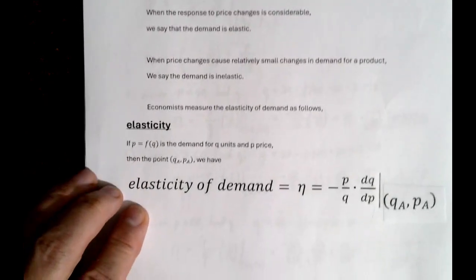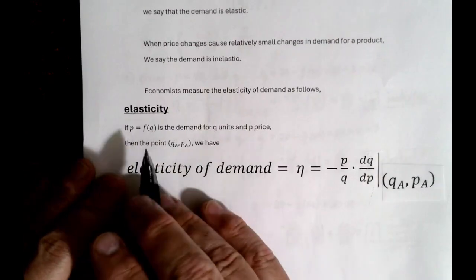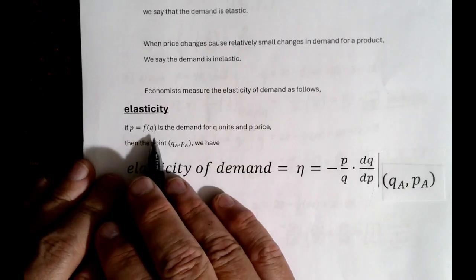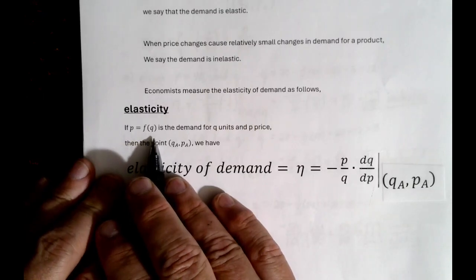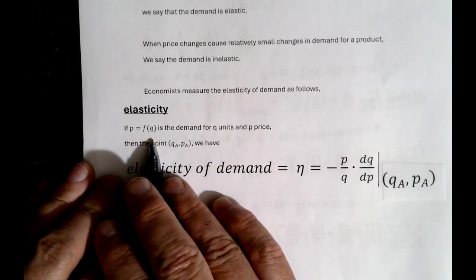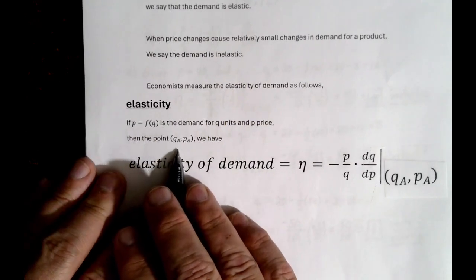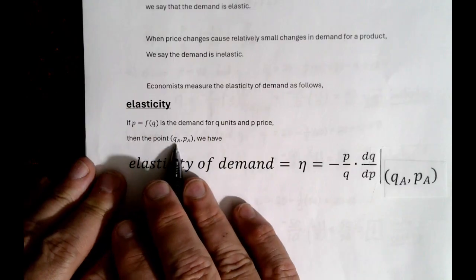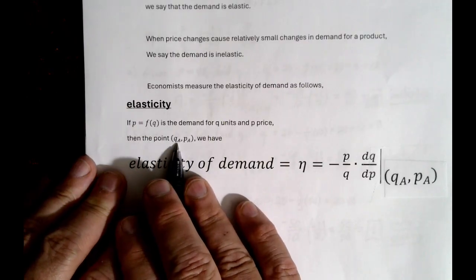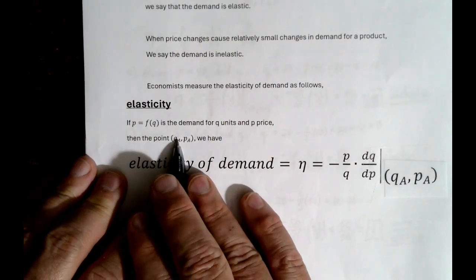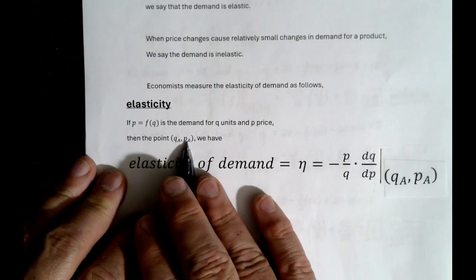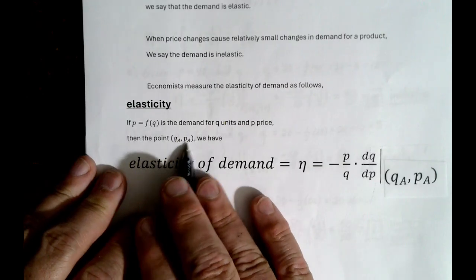And so they measure elasticity in this form. You've got P equals some function in terms of Q, and that's your demand function, where P is your price and Q is your number of units or quantity. Remember, quantity always comes first in this chapter, well, generally in all chapters. Your number or quantity is first and your price or dollar amount is always second.